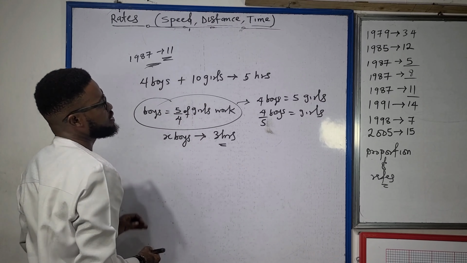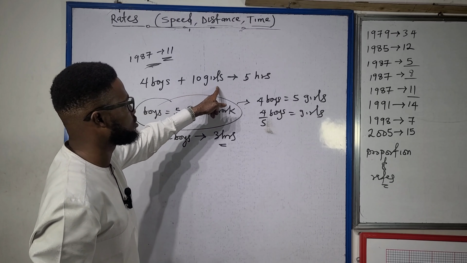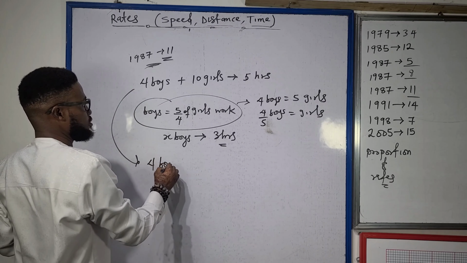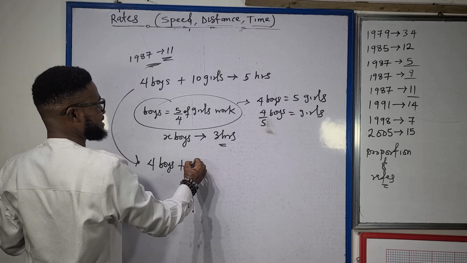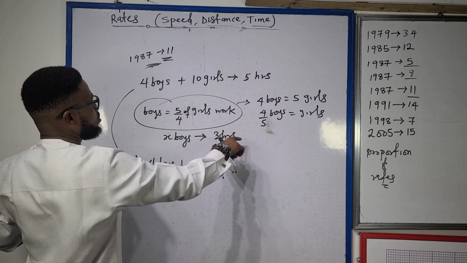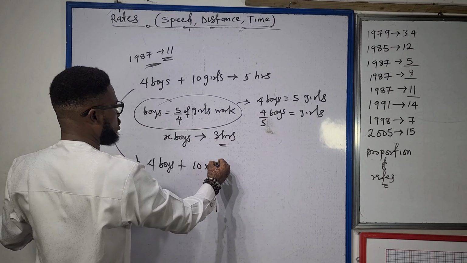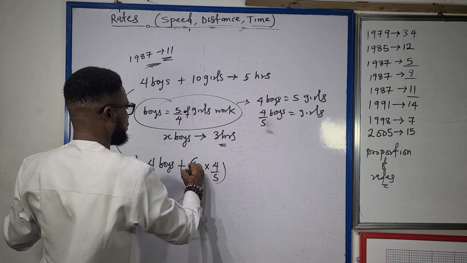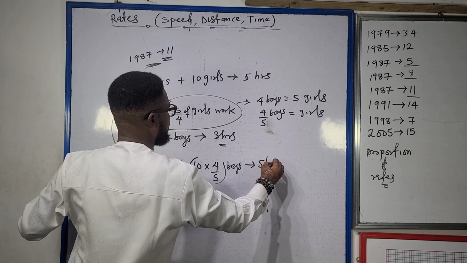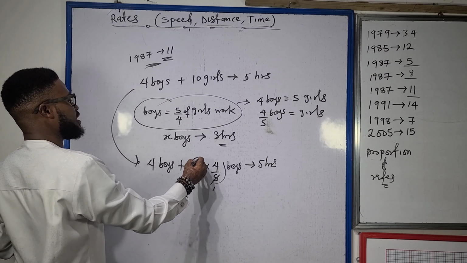So the meaning of this is that I am having 10 girls here. So this means 4 boys plus 10, because 1 girl here means 4/5 boys. So that's 10 times 4/5 boys will be able to do the job in 5 hours. So 5 here 1, 5 here 2.